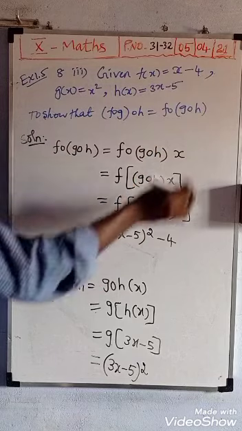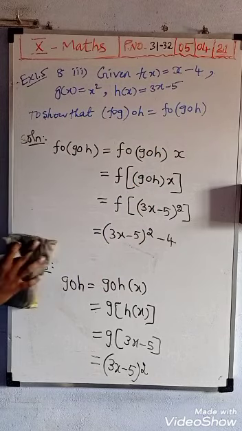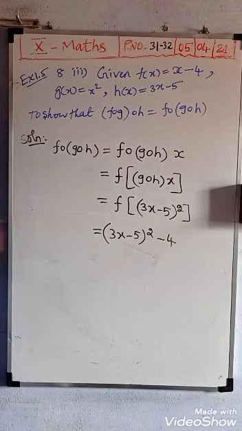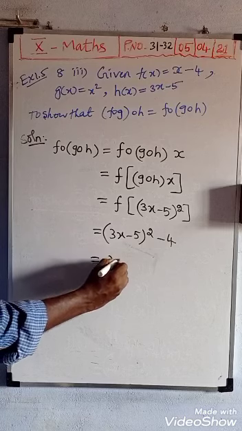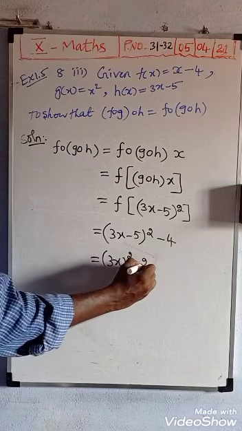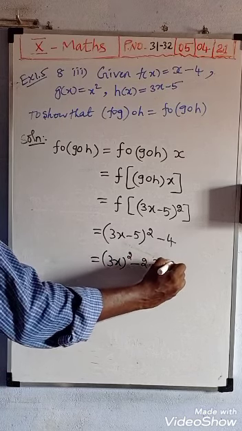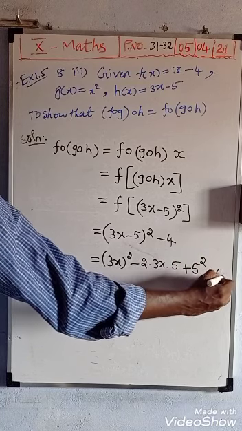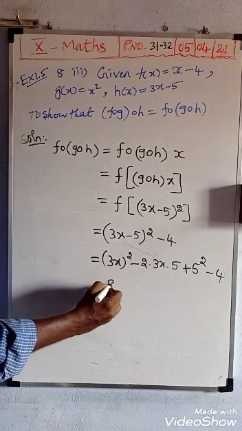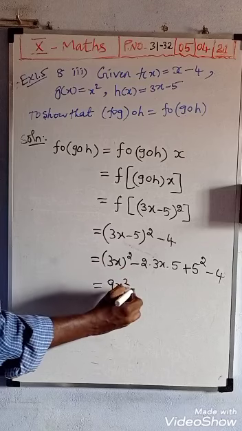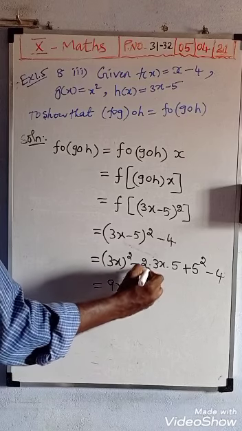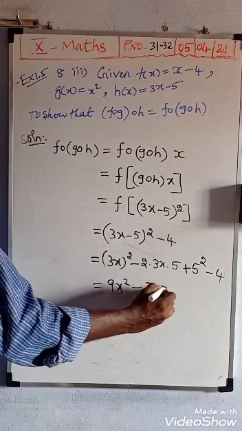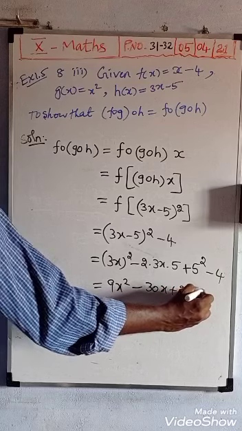Now this we want to expand: the same a squared minus 2ab plus b squared, minus 4. Now 3 squared is common for both, so 9x squared, since 3 squared means 9. Then 9x squared minus, 2 threes are 6, 6 fives are 30x, plus 25 minus 4.